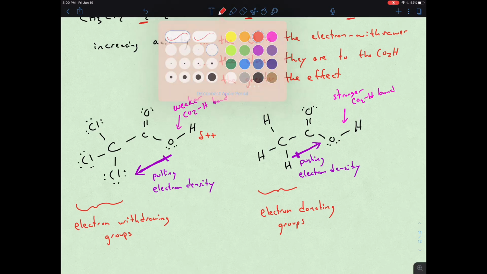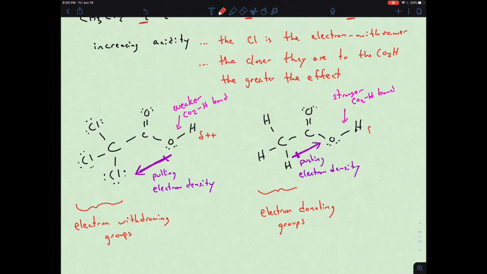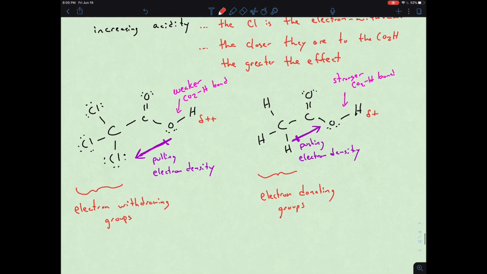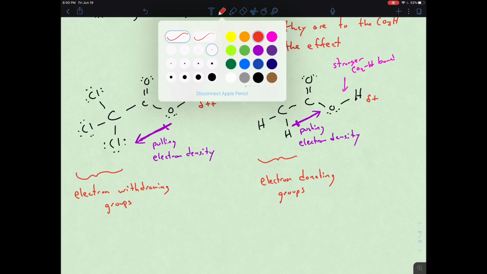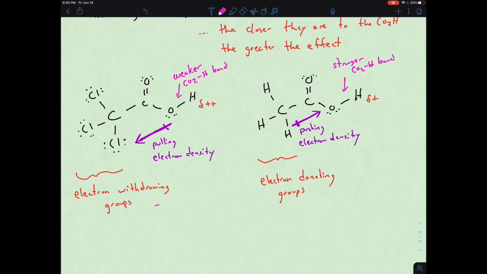And while it still is an acid, we would just say it's delta plus instead of delta plus plus. So we have this idea of the inductive effect. The electron withdrawing groups make this the stronger acid, and again the weaker bond as well, while we have a stronger bond on the right, with more electron donating groups. And so this is the weaker acid of the two. So that's weak acids, these organic acids, and the inductive effect.